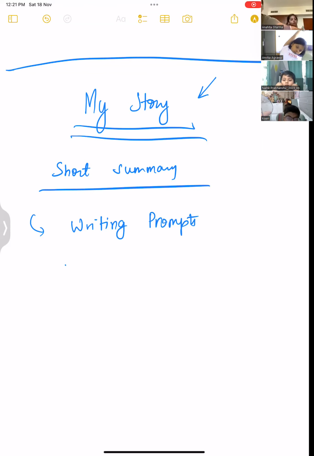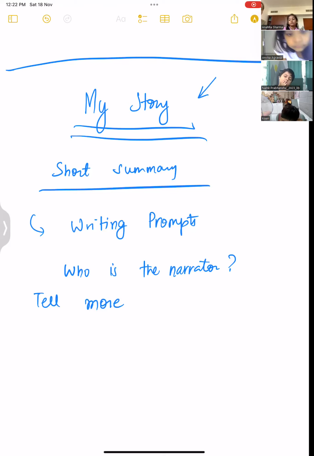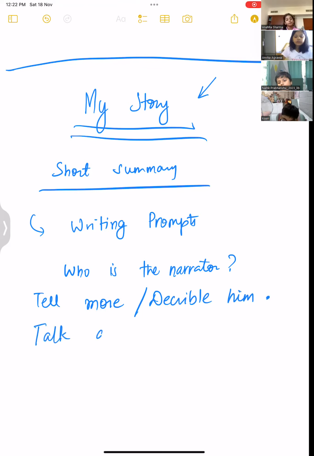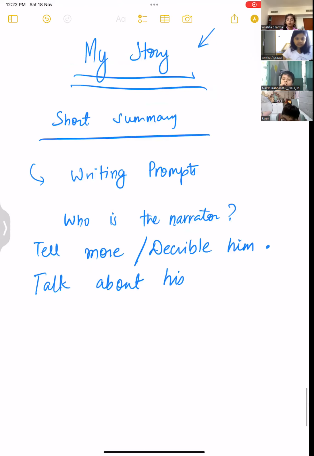Like, who is the narrator? I'm sure you know who is the narrator. Tell more about the narrator. I thought that we have to write in short what you understood in this. In the last class we read a fiction story or a non-fiction story?